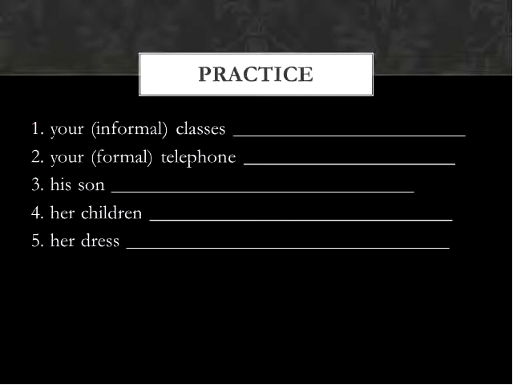So now you guys have your practice and I want you guys to try it. Okay? Let's try 1 through 5. We'll go over the answers, and then we'll do 6 through 10. So let's do part 1. So we have your classes. Okay, you need to know which one is your.